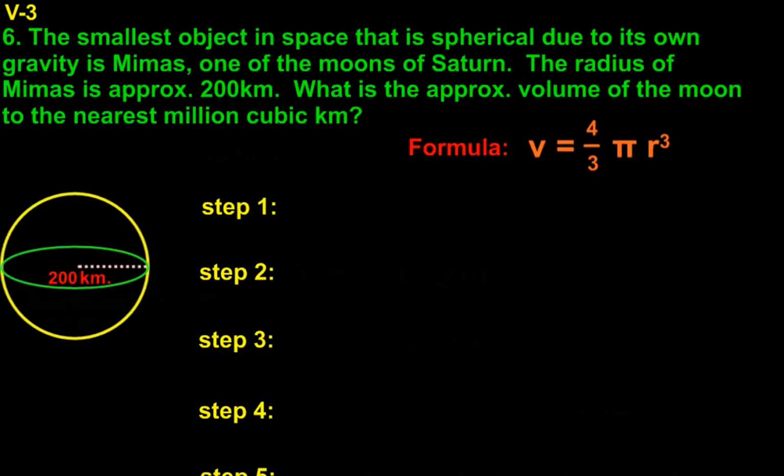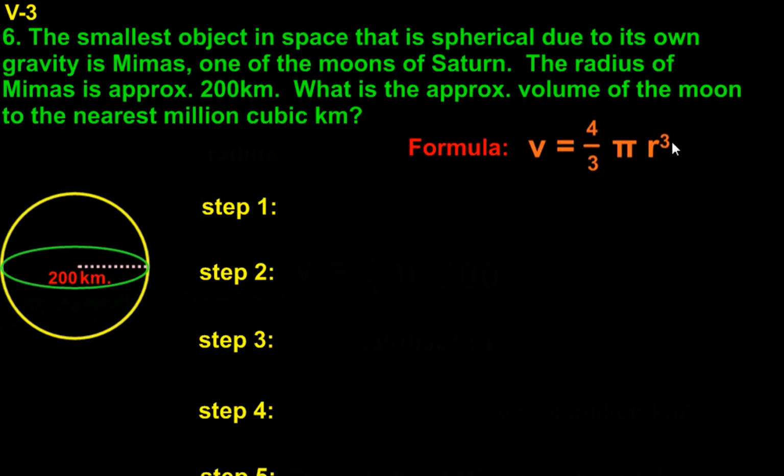The last problem we're going to look at tonight is problem number 6. It says the smallest object in space that is spherical due to its own gravity is Mimas, one of the moons of Saturn. The radius of Mimas is approximately 200 kilometers. What is the approximate volume of the moon to the nearest million cubic kilometers?